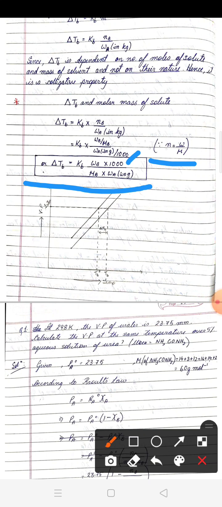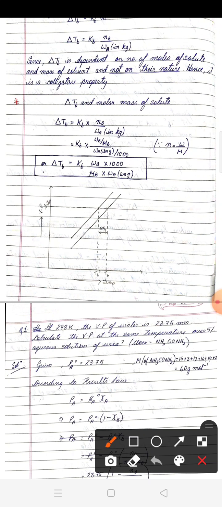And if it is given in kg, you need not multiply by 1000, but since it is given in grams, we are multiplying by 1000. So you can see here delta TB and molar mass, they are inversely proportional. Earlier also you have seen that relative lowering of vapor pressure and molar mass, they are inversely proportional.